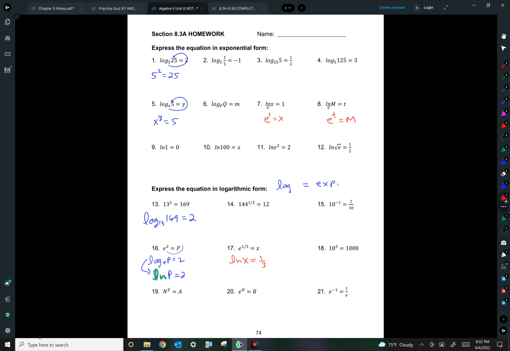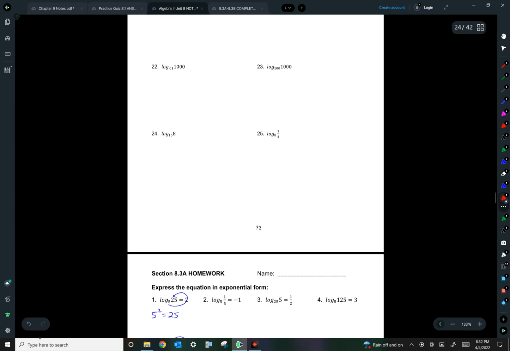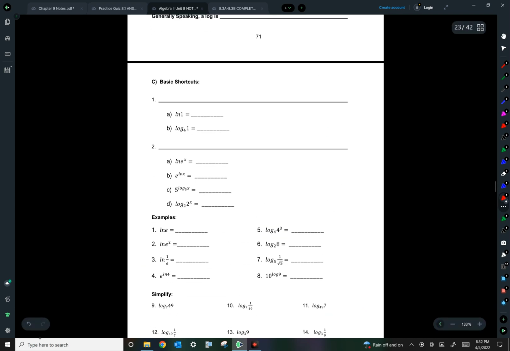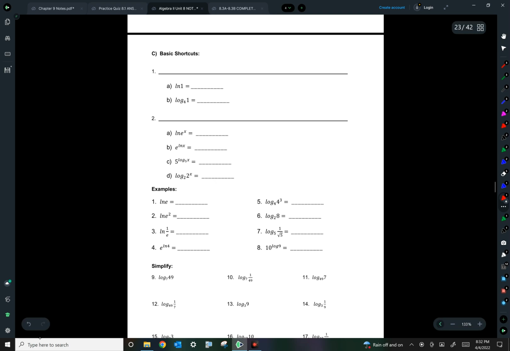Everything in the rest of the chapter is based on being able to convert back and forth. So if I were you, before I even come back and listen to the rest of the notes, I would finish the homework part, the 1 through 21. Once you've done that, then come back and let's look at page 72, and we're going to talk about some basic shortcuts.